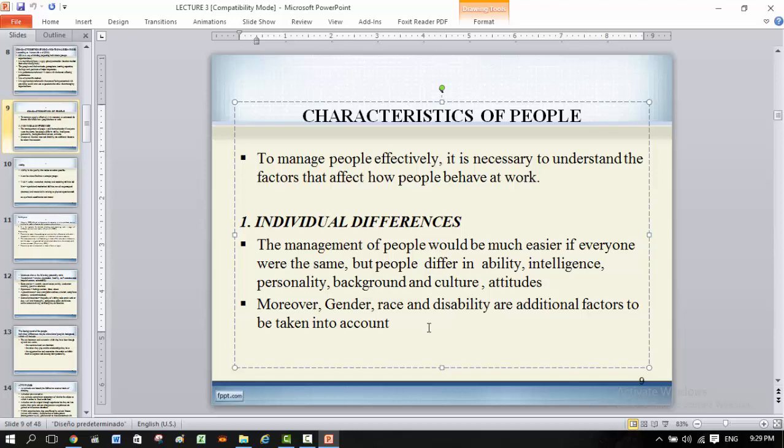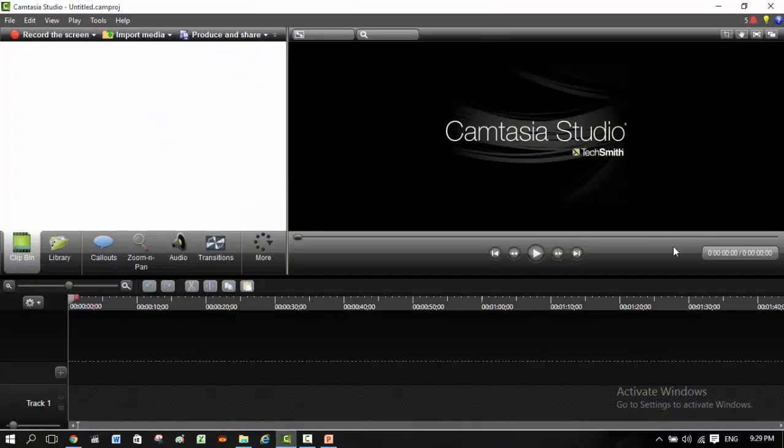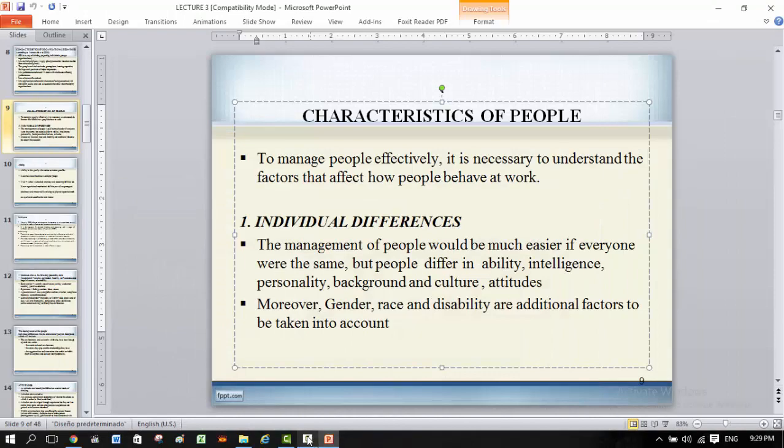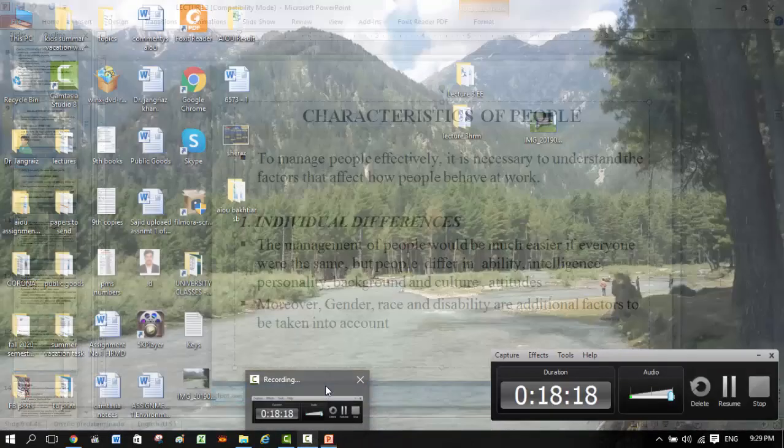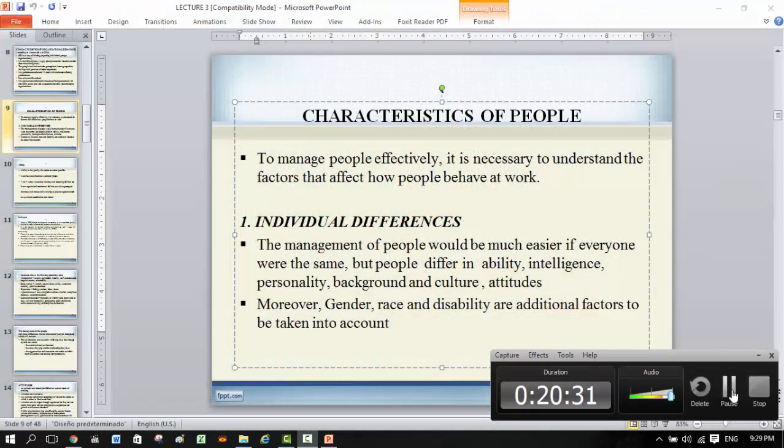Moreover, gender, the people may differ in gender, people may differ in race, and may also differ in disability to perform a few specific jobs. So this is also one of the individual differences.